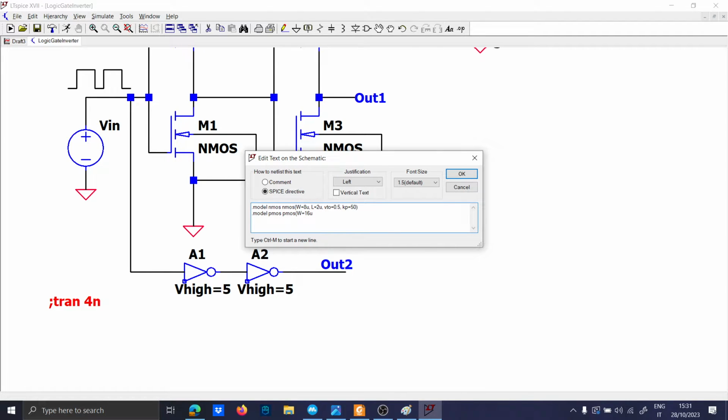And I don't know why I put all these commas here. I don't think that you need commas. L is equal to 2U. VTO is equal to 0.5. Well, actually here it is minus because it is a PMOS. And the Kp equal to 25.